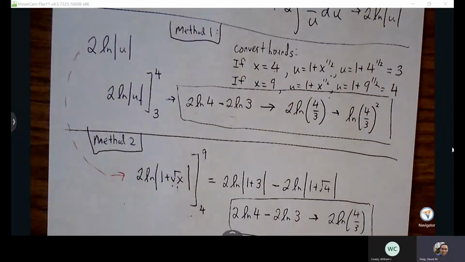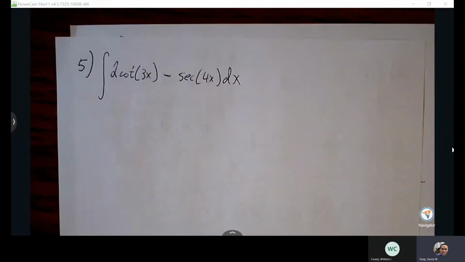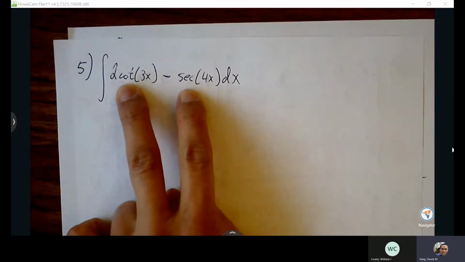Okay, here's number 5. All right, indefinite integral, 2 cotangent 3x minus secant of 4x. So we have cotangent and secant. These are part of our new rules.